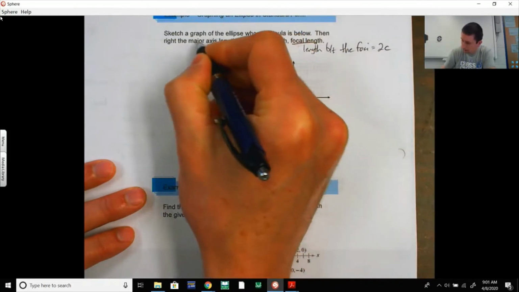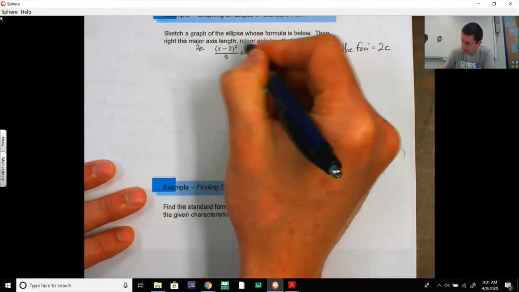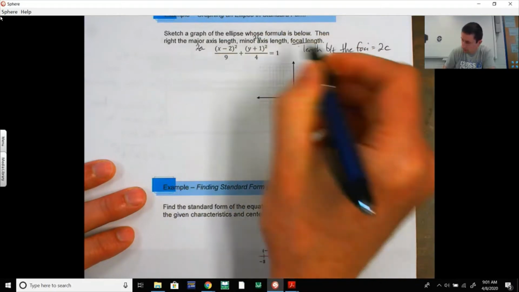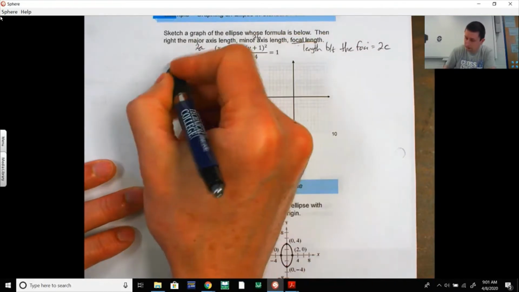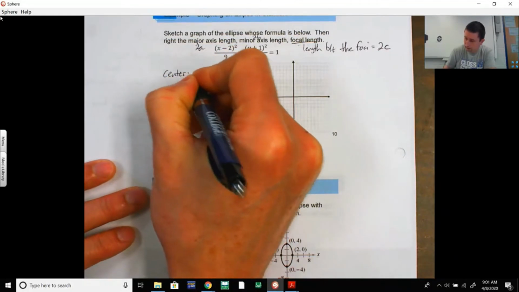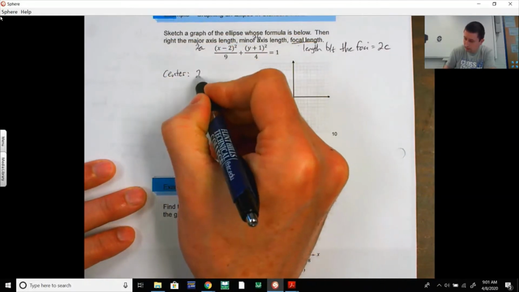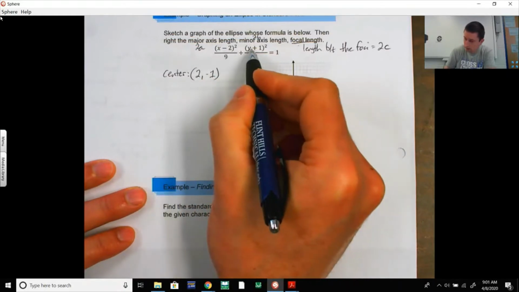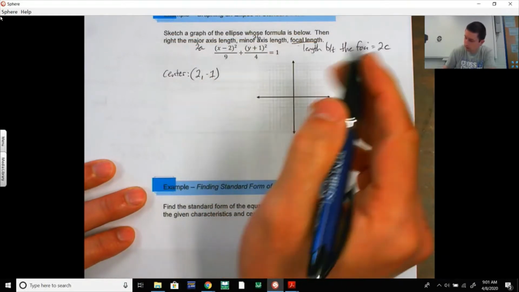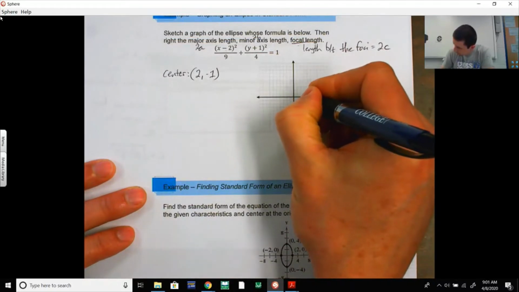So the major axis is 2a, minor axis is 2b, focal length is 2c. Looking at this, first of all, the center would be at (2, negative 1). x minus h, so h is 2. y minus negative 1, so k is negative 1. So (2, negative 1), there's my center.